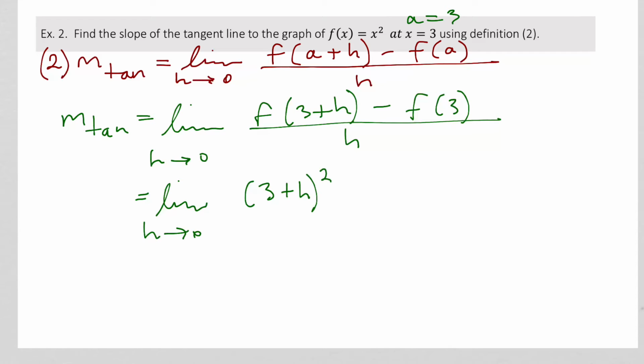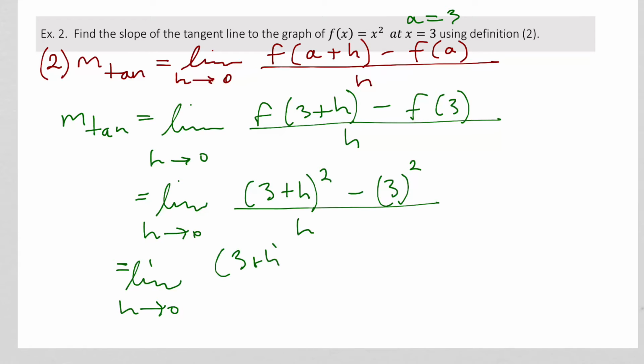Now here, f of 3 means I find the y value when x is 3, so that would just be 3 squared, which we know is 9, over h. All right, so now let's square that binomial. So we have the limit as h approaches 0 of 3 plus h squared. Of course, you have to remember how squaring binomials works.